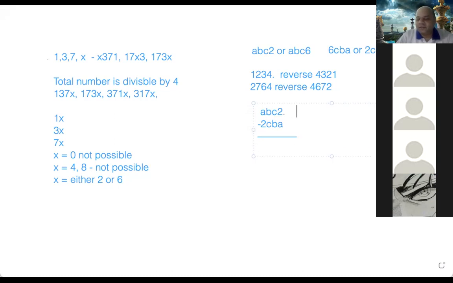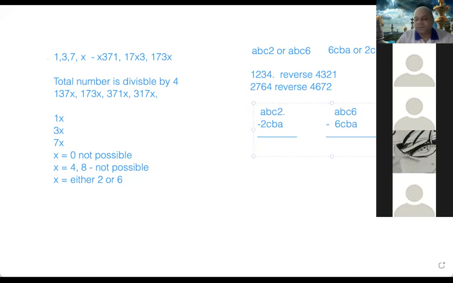Or the other possibility: ABC6 is the number, last digit is 6, and then you have to check minus 6CBA. This you have to check. This number they have given, and you see the question paper, they have given this number.